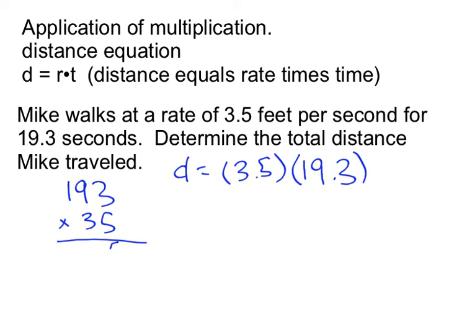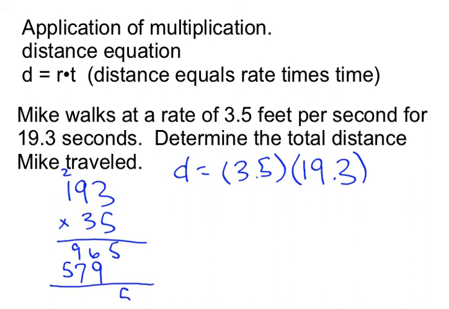5 times 3 is 15, carry the 1. 5 times 9 is 45, plus 1 is 46. 5 times 1 is 5, plus 4 is 9. Let's get rid of the carries. And 3 times 3 is 9. 3 times 9 is 27, carry the 2. 3 times 1 is 3, plus the 2 is 5.